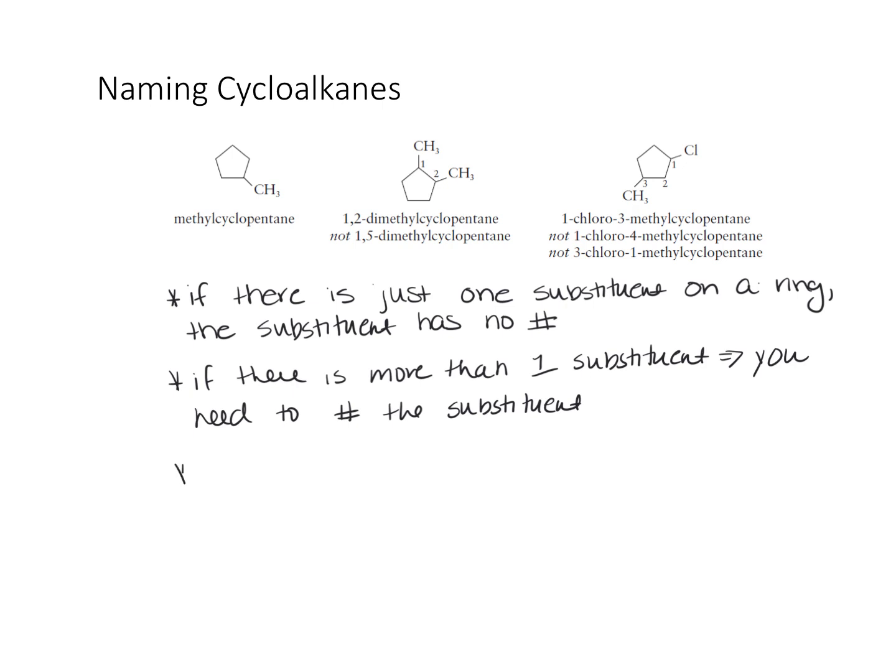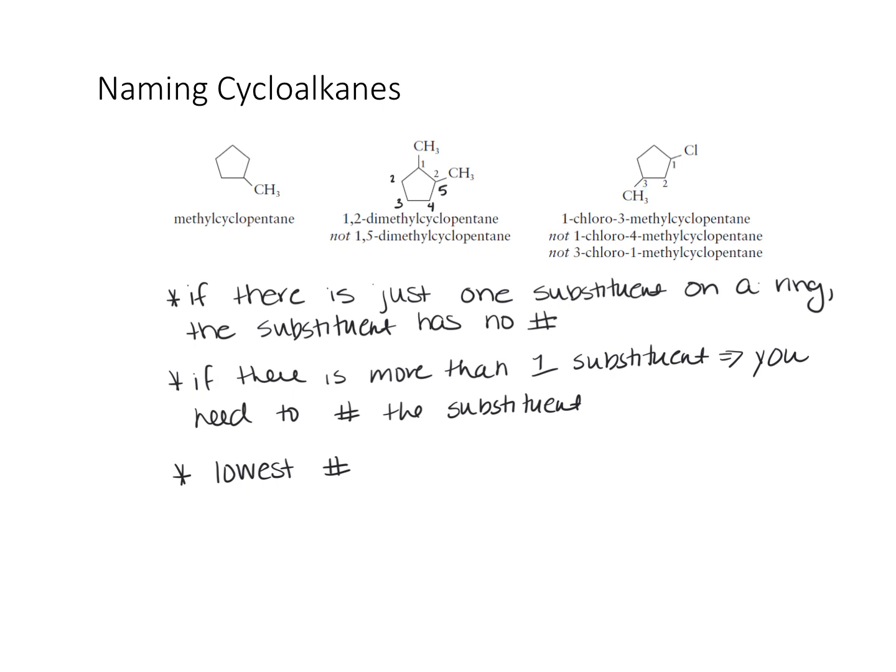Now, as you're numbering, you need to remember that you want to end up with the lowest numbers. So for example, if we looked at this molecule, we would number it 1, 2. We would not number it 1, 2, 3, 4, 5. So it would be 1,2-dimethyl cyclopentane, not 1,5. Same thing here. When we look at this, we've got 1, 2, 3.